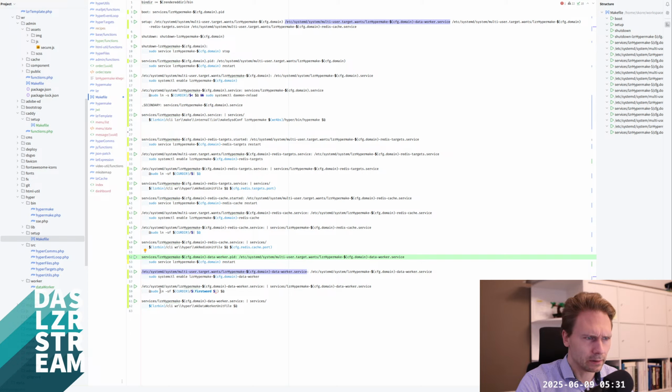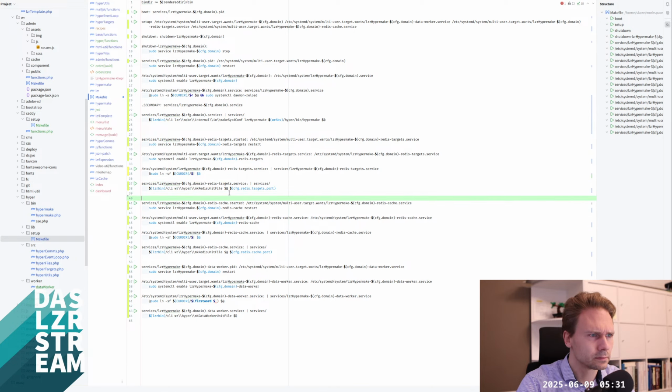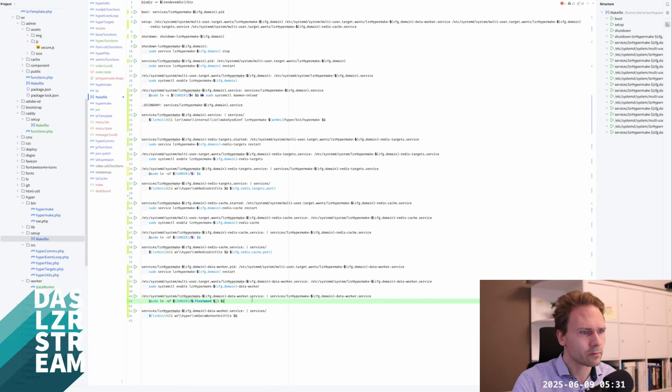But when we make this service definition, this one, and you have the target and the PID file. So it's double space this so we can read it better. So this is this, and this is the PID file.